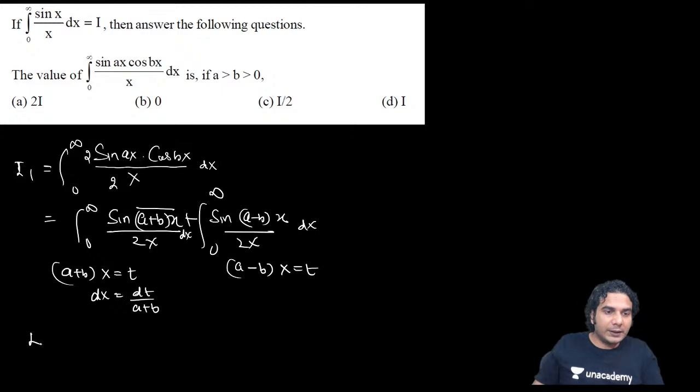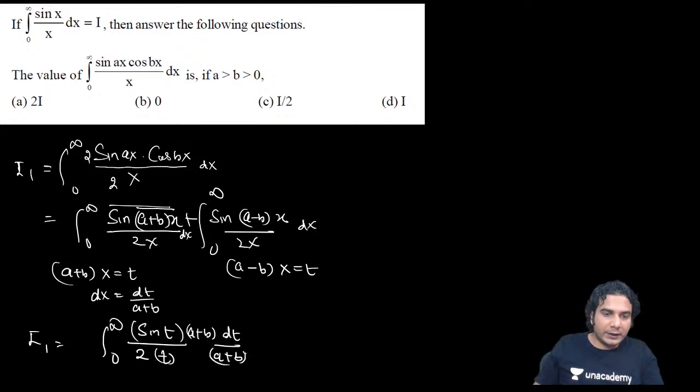So here the integration will become I1 is equal to, if you substitute, 0 to infinity, this will become sine of t, and x is replaced by t upon a plus b, and dt upon a plus b, all right? So eventually a plus b will get cancelled.